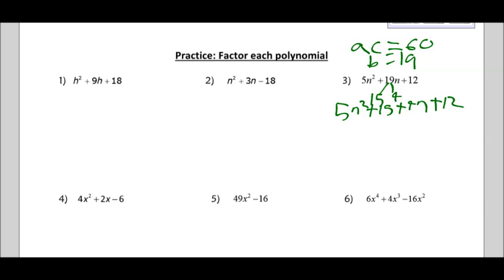And then you group the first two terms together, and then factor each group by the GCF. Take out the 5n, and then you're left with n plus 3.